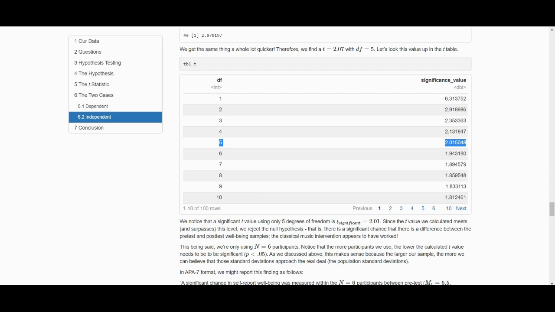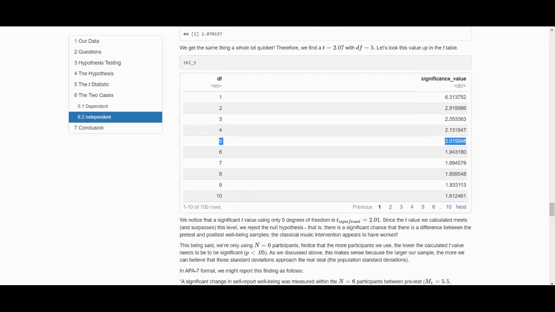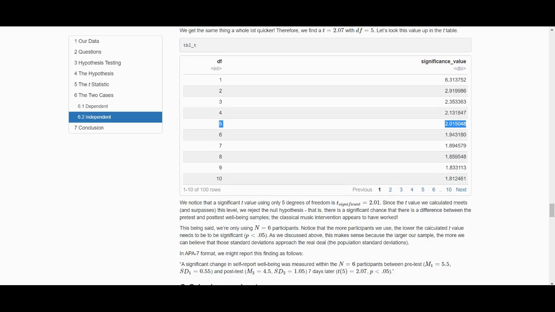Well, we have t equals 2.07. So the t-value we calculated actually meets and surpasses this level, so we can reject the null hypothesis. That is, there is a significant chance that there is a difference between the pre-test and post-test well-being samples. In other words, the classical music intervention appears to have worked.